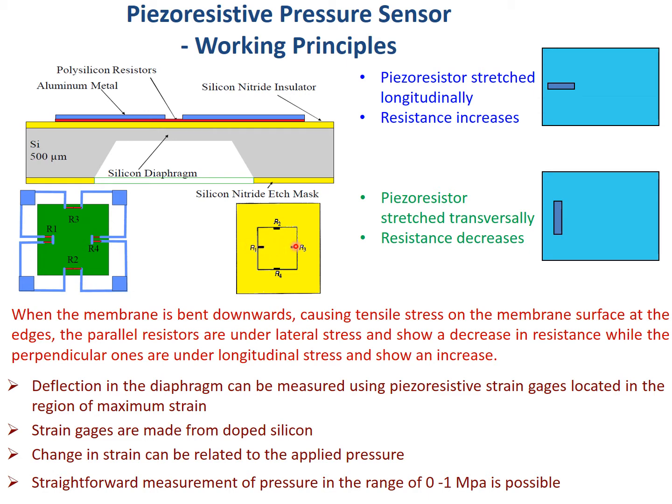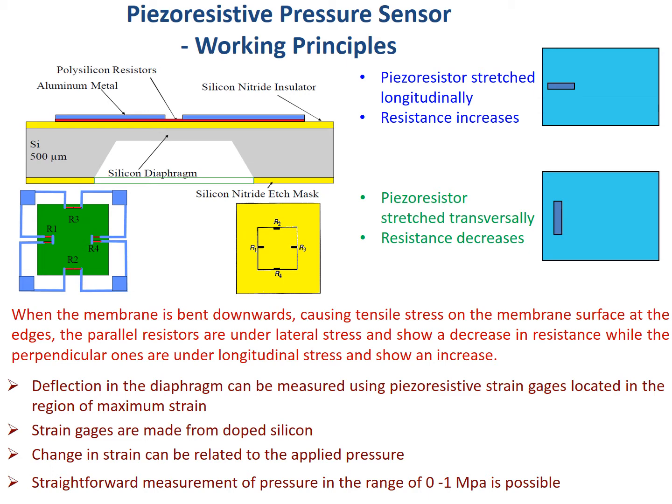R1 and R3 will be elongated along their length, so R1 and R3 resistance will increase, whereas R2 and R4 will be elongated along their width, so their resistance will decrease. These R1, R2, R3, R4 will be connected to the Wheatstone bridge to convert the delta R into delta V, right? And we got delta R because of the delta P. So in that way finally the delta P will be converted into the delta V, right?